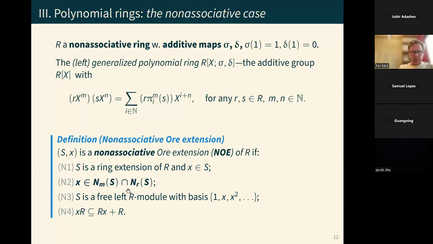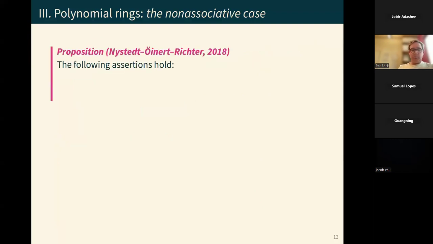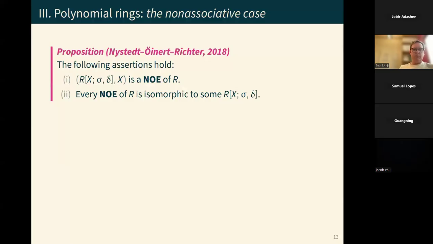The ring should be associative. If you replace that by X being in the middle and the right nucleus, you get exactly these kinds of rings. And this was set up for these kinds of constructions to correspond to one another. So these more concretely constructed rings with sigma and delta correspond precisely to these non-associative Ore extensions, which are described more abstractly.